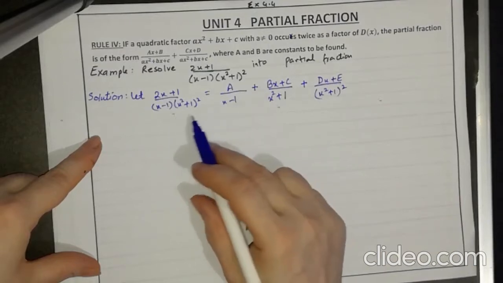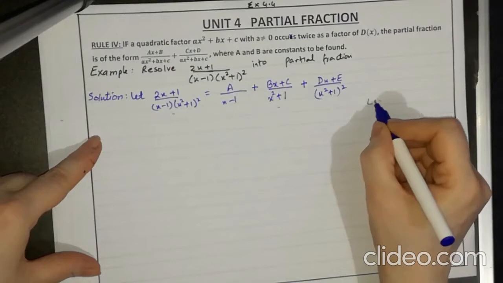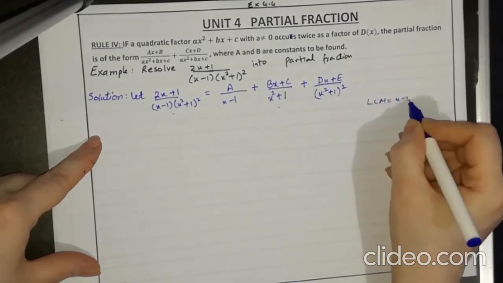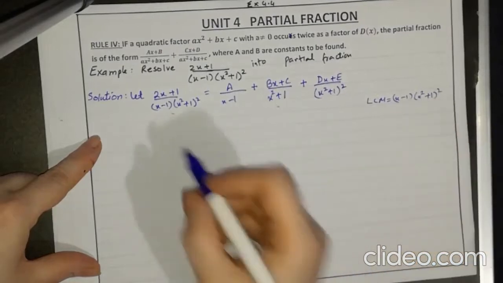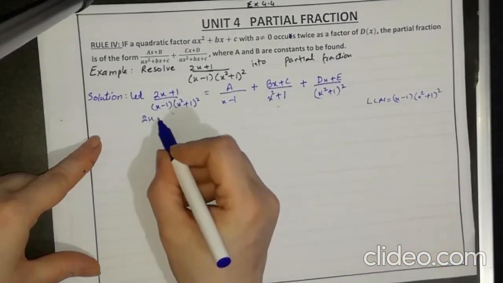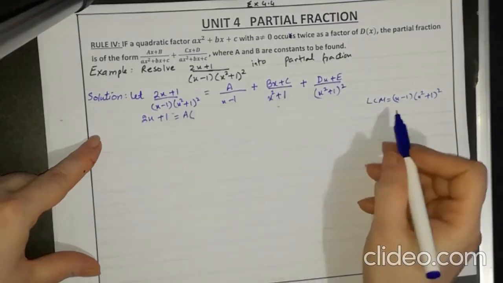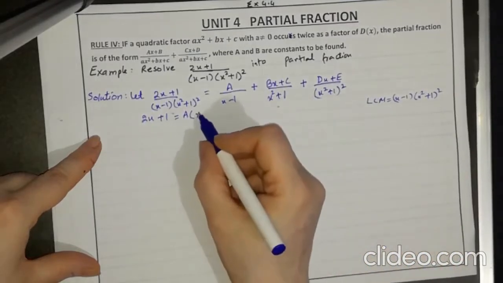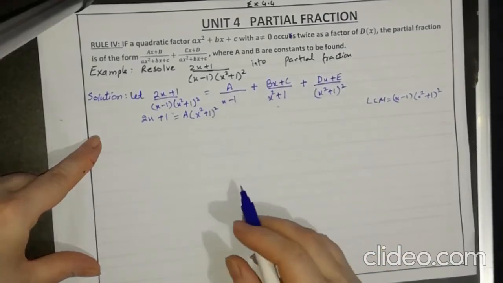Let's multiply both sides by the LCM. And what is the LCM? x minus 1 and (x square plus 1) whole square. So I am multiplying both sides by the LCM. For A, x minus 1 and x minus 1 cancel, so this is A times (x square plus 1) whole square.